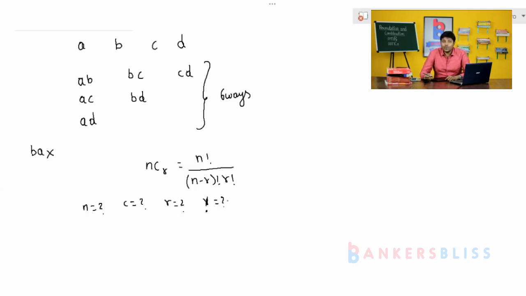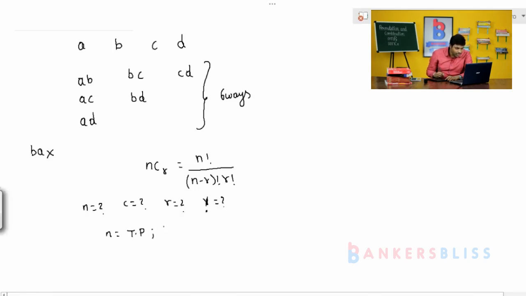So n means total population, the total number of items, the entire group, or the total number of people in the group.